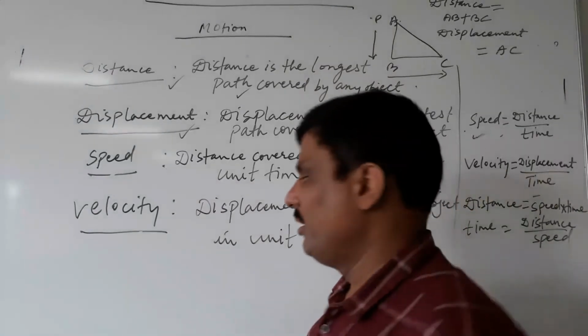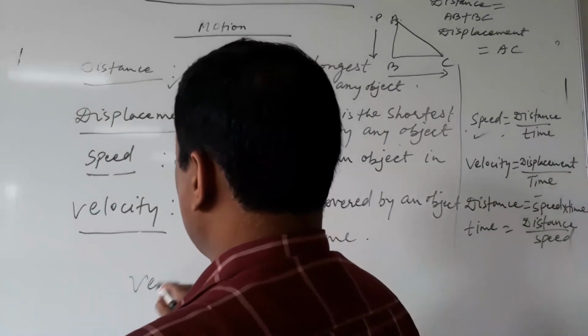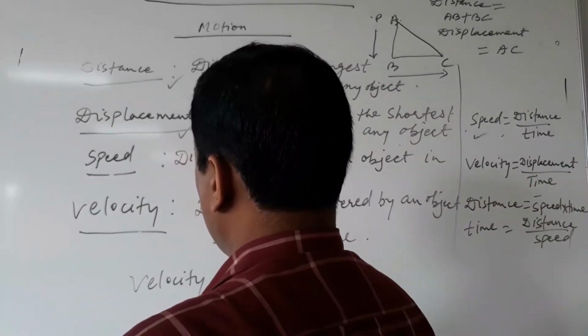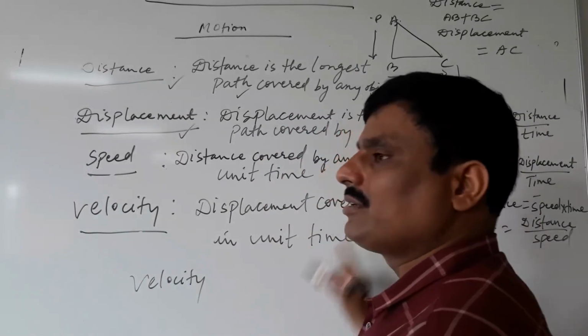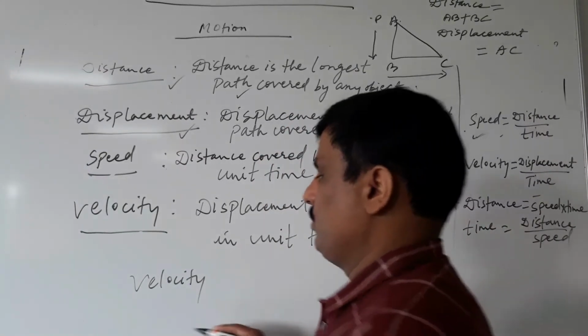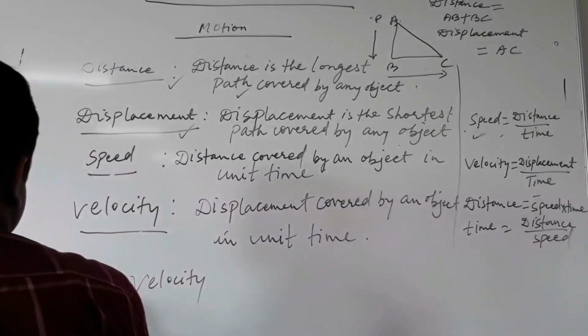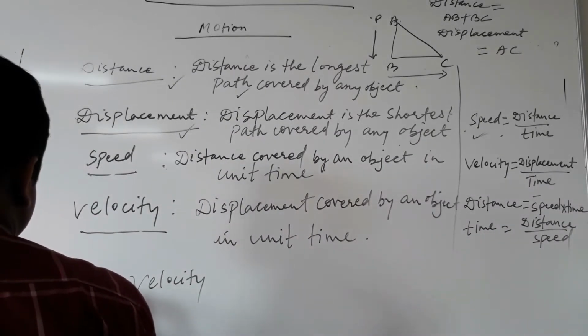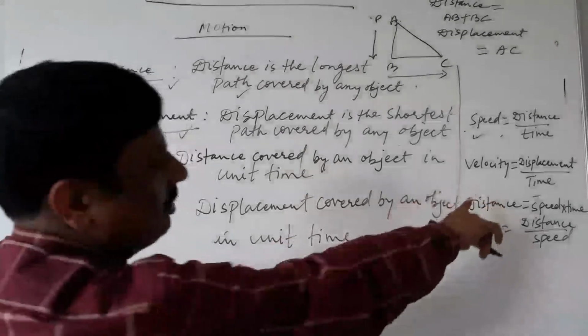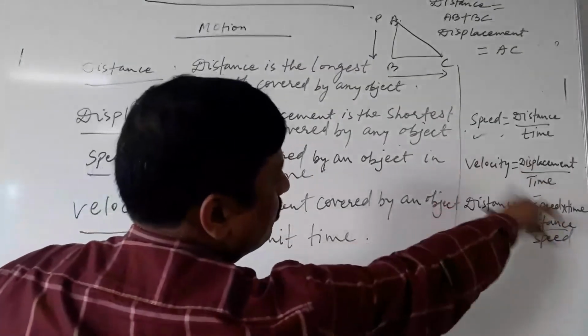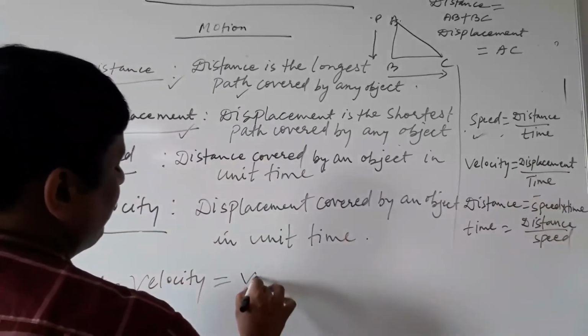In the similar way, the relation for velocity is velocity equal to displacement by time. So displacement is equal to velocity into time.